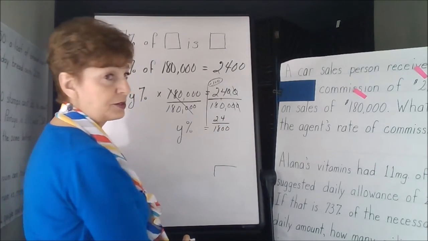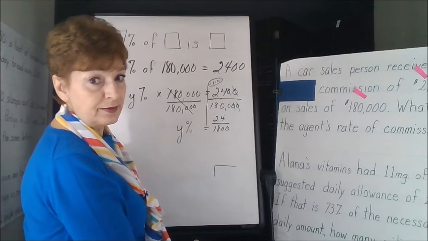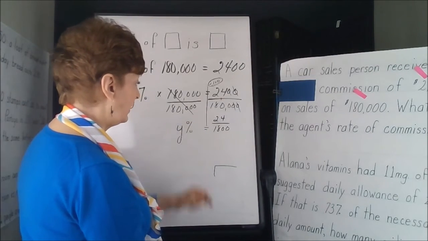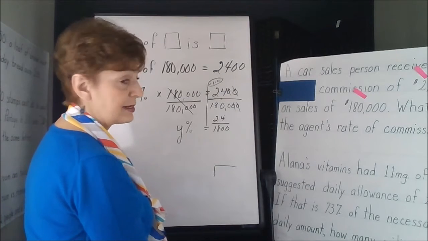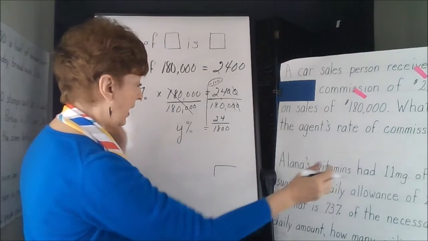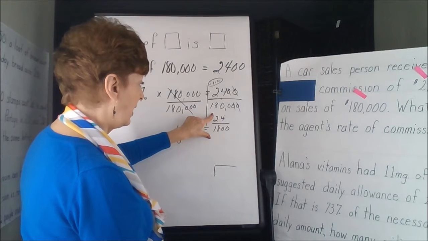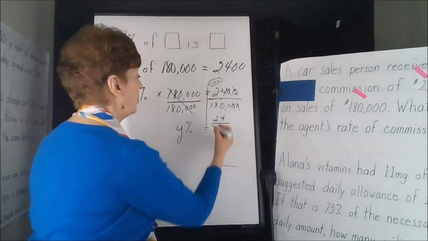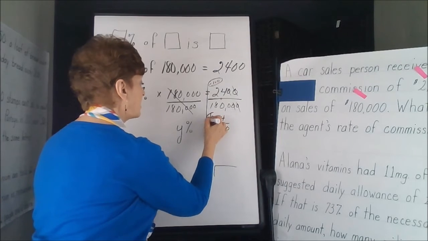That's a lot easier to look at, but we can still do some cutting down. 24 and 18 are both in the sixes line. We recognize that these are both even. 2 is going to work, but 6 will work faster. So let's go by 6.